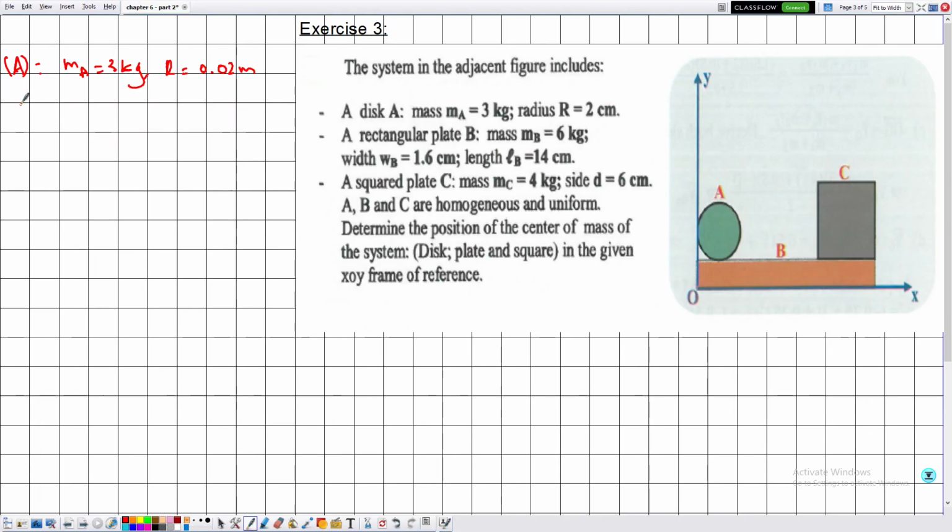And a rectangular plate, which is B, is given by MB equal to 6 kilograms, of dimensions WB equal to, so let me keep everything in centimeters, of width 1.6 centimeters and of length LB.